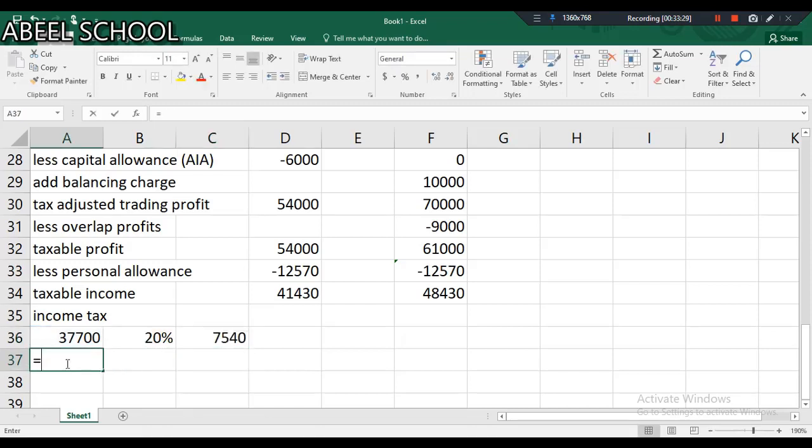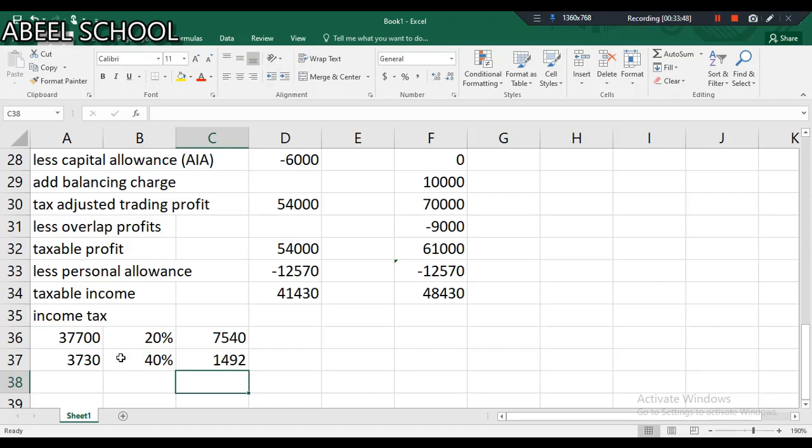Great. From 41,430, I will deduct 37,700. 40% of this, that is 1492.